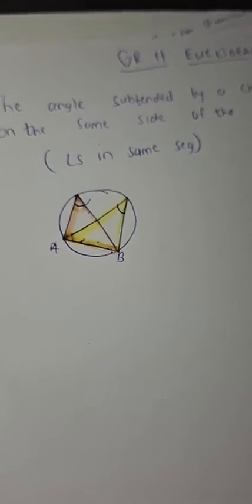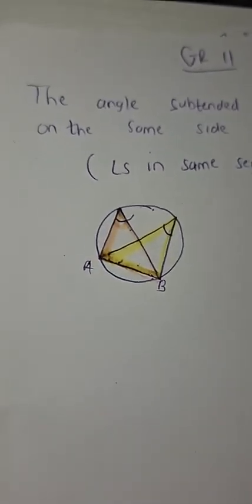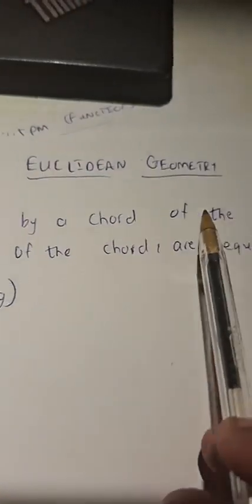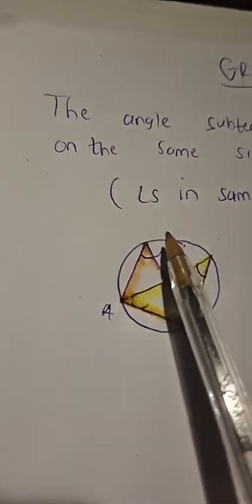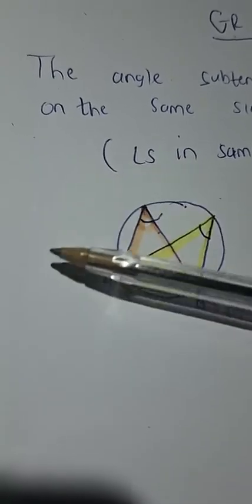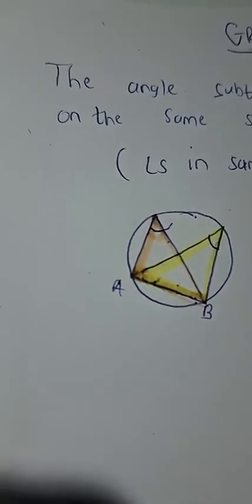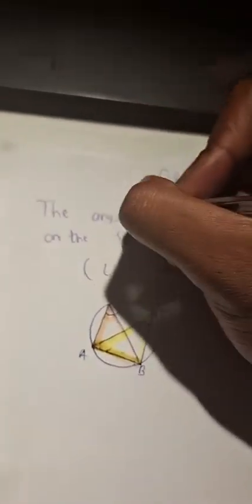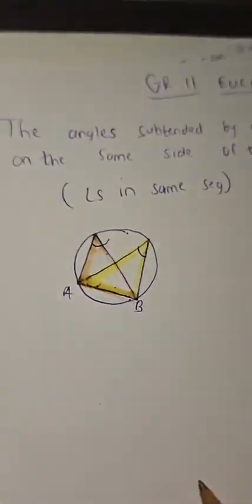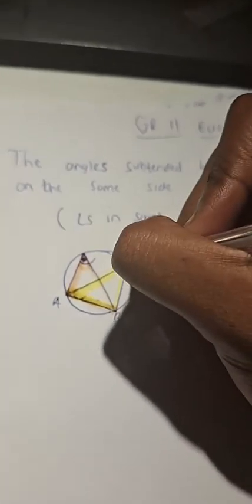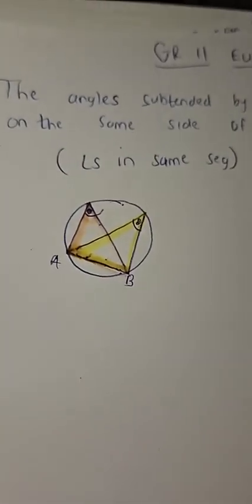So therefore, this theorem, what is it saying? It's saying the angle subtended by a chord of the circle on the same side of the chord are equal. So the angles, which angles? These two angles are equal, we say.